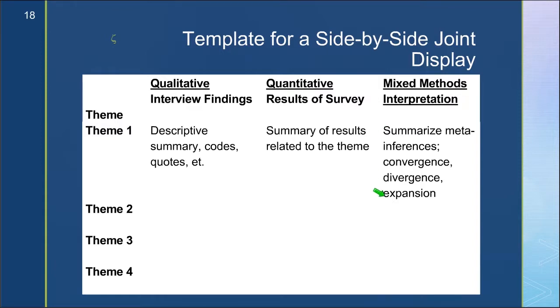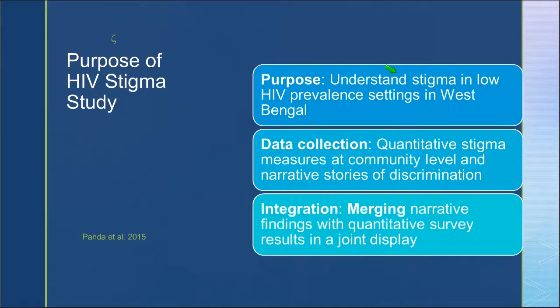And expansion might be that we've simply learned more fine-grained details by including a qualitative component that we didn't have in our existing measures. This column right here, though, in my opinion, is very important. We don't see them in many joint displays, and that's okay. Sometimes it might be discussed in narrative and prose while writing about the joint display, but I just want to stress the importance of really providing those mixed methods interpretations that you're making here.